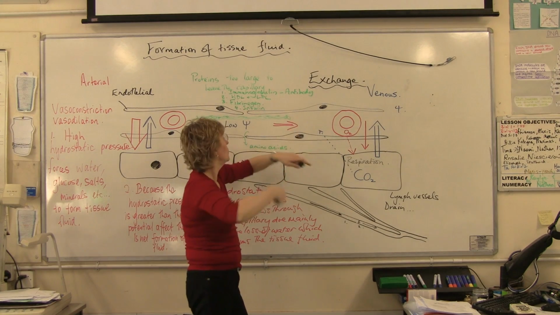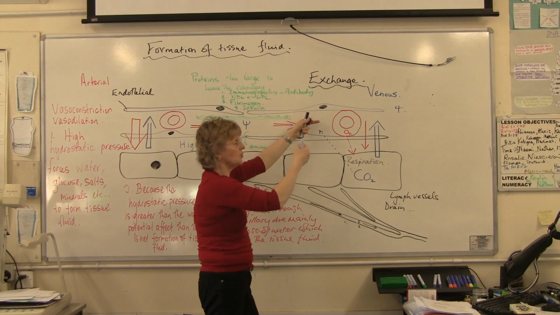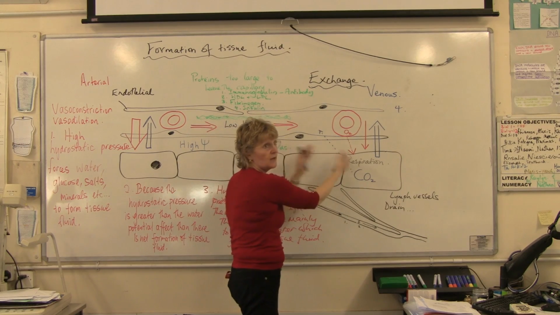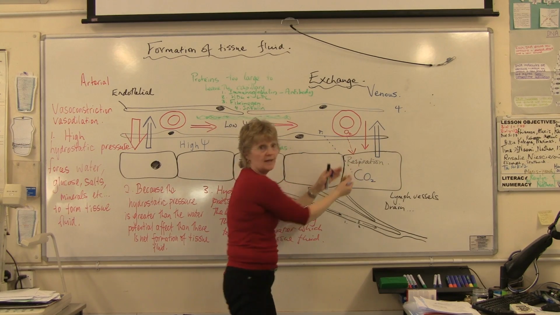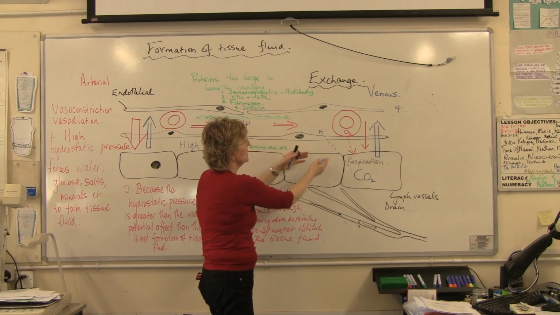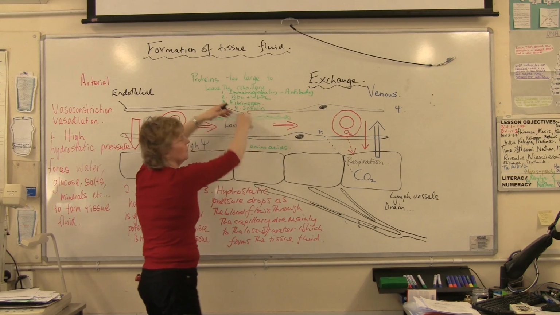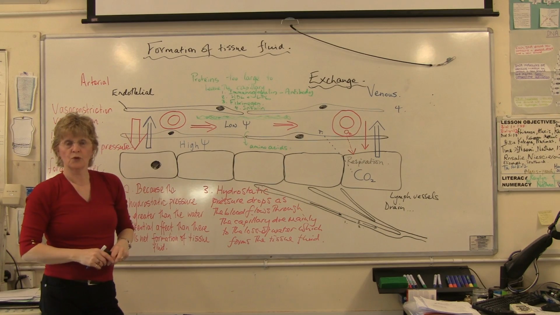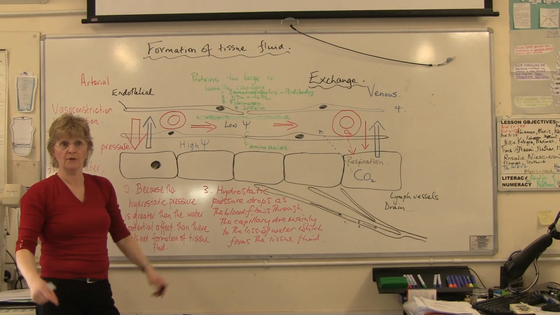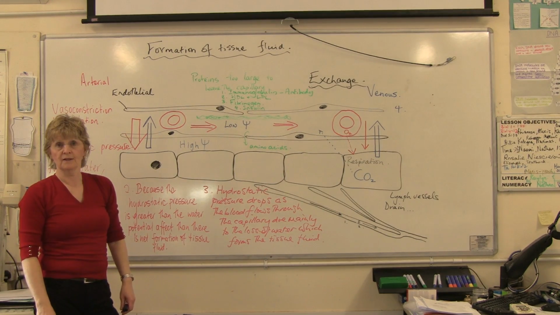So the difference in the water potential remains. So even though I force liquid out and I've got water coming out here, which will be raising the water potential on this side, I've got less water on that side, more proteins. If anything, what might happen to the water potential effect?